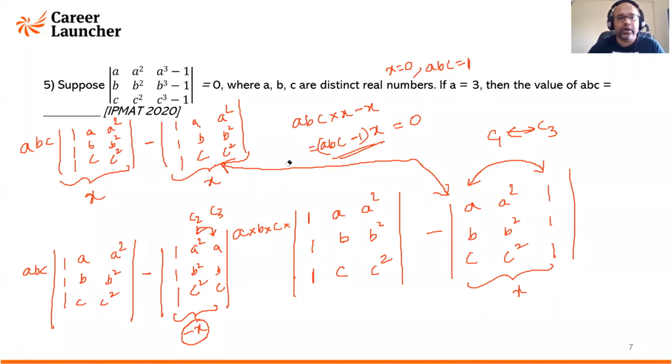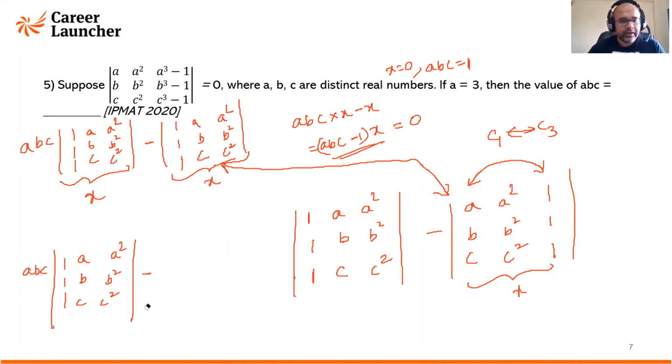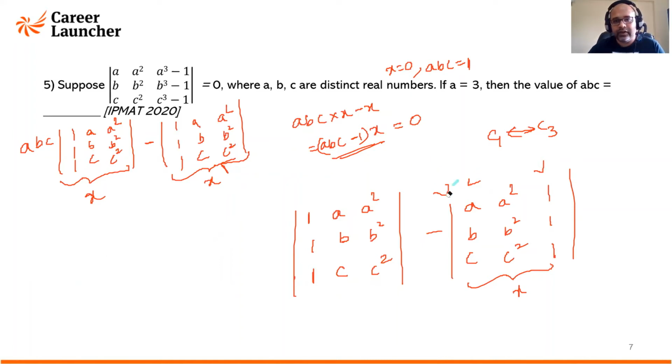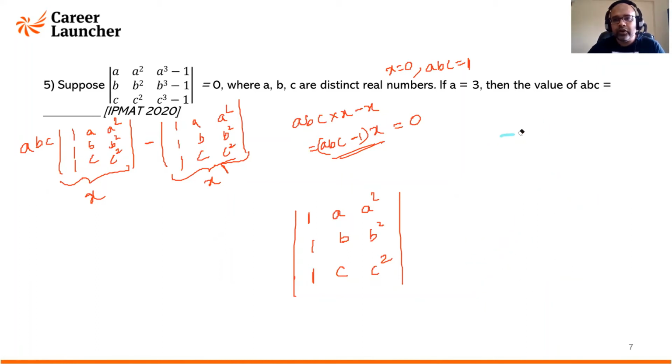That is what we're going to do now. I will erase everything that I've done till now. I hope you followed. I want to prove that the determinant value of what I have over here is not 0. So I will write only the first determinant and show that it is not 0.